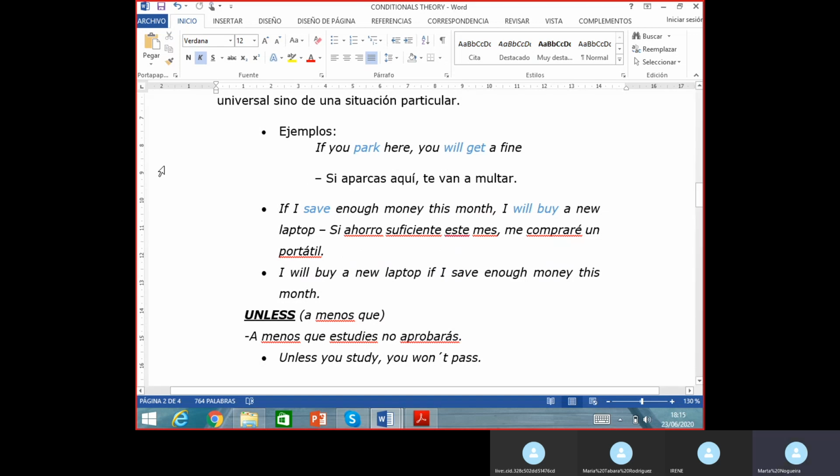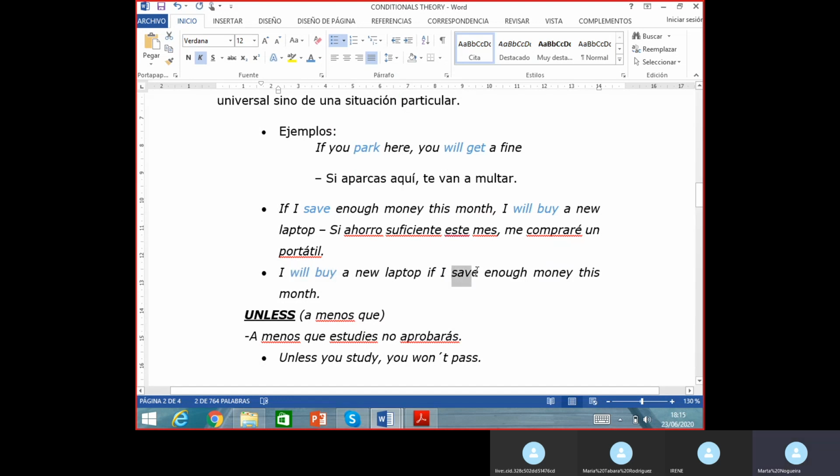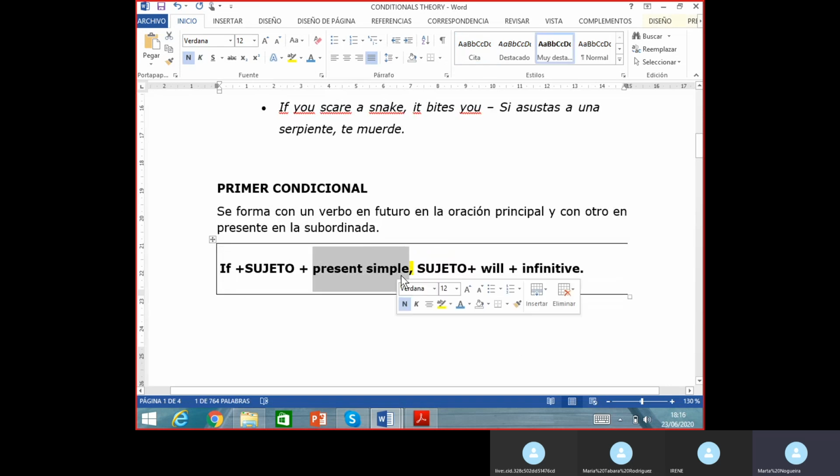If I save enough money this month, I will buy a new laptop. If you want to put it the other way around, I will buy, if I save, you can change the position, but you cannot change the tenses. Be careful with that. So girls, always the if is going to be with present simple.